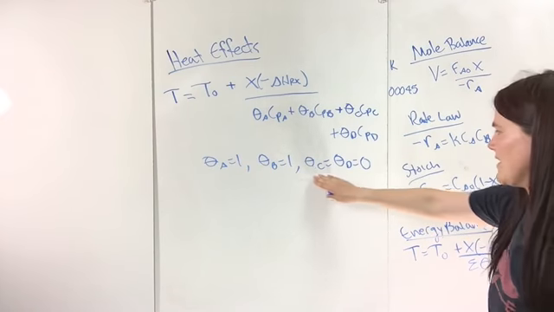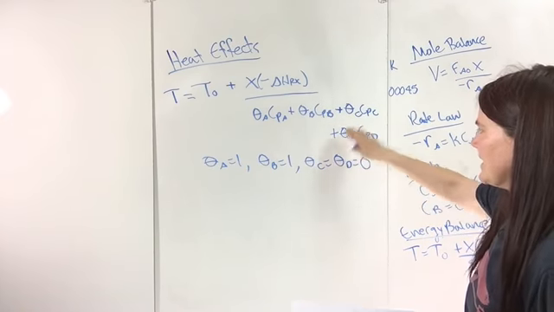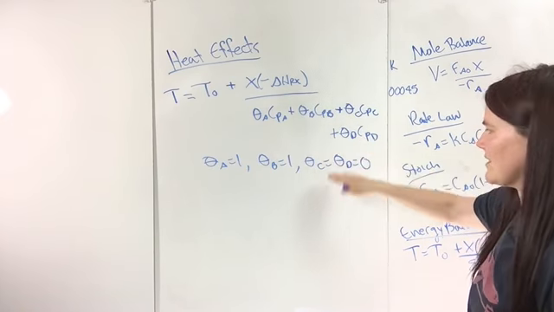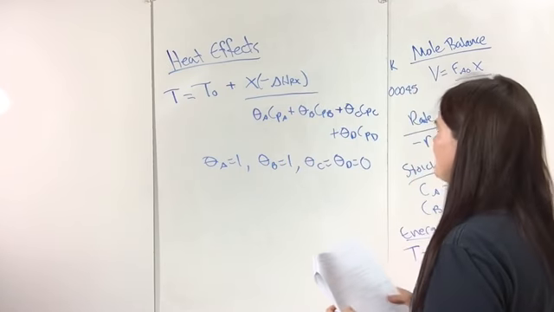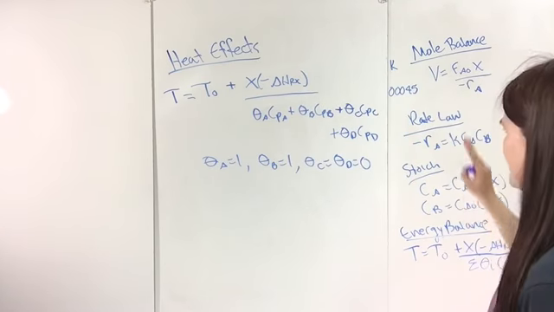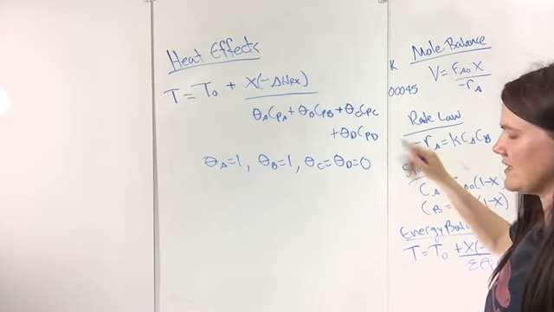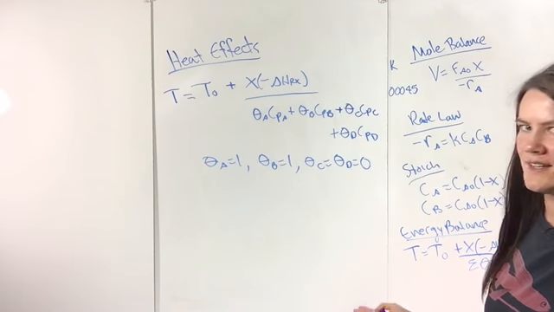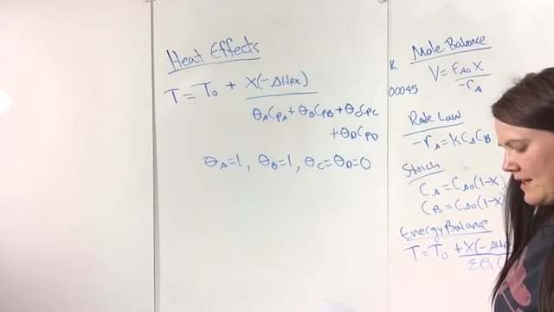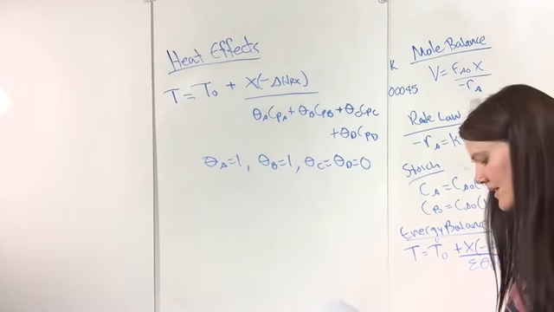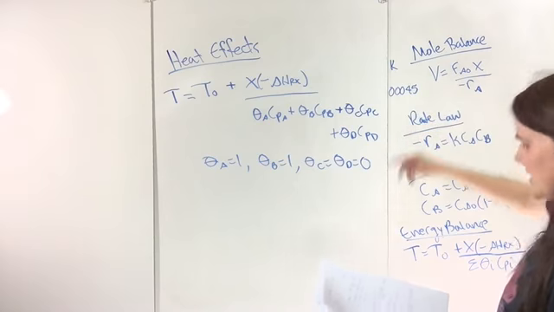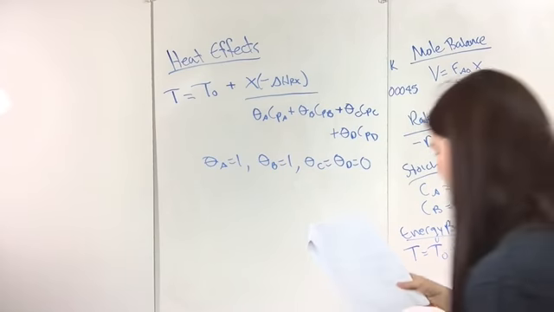So just make sure you don't add these in if they're going to be 0. Then we can solve this equation for the temperature. What you want to do here is solve for the temperature of the reactor, then calculate K at that temperature, and once you have K, you can solve your mole balance for the volume.